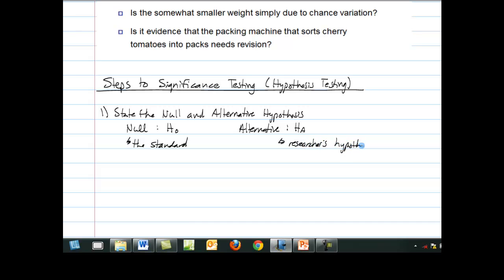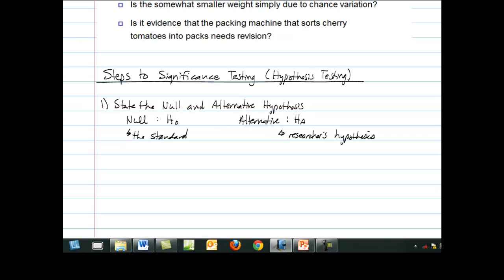Now we have to be careful here. These hypotheses, the null and the alternative, are mutually exclusive, meaning I can't have any overlap between them. So for our cherry example, what we would do is we would say H0, our population mean, is equal to 227 grams per package.